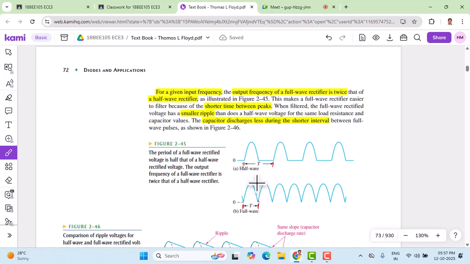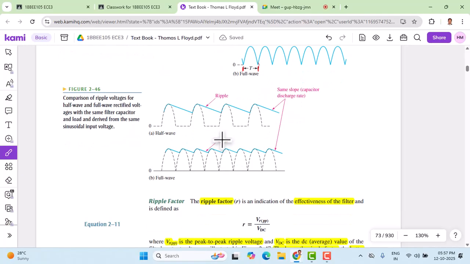So the frequency becomes double when you see that two pulses appear in one period. So the frequency doubles for the full-wave rectifier: f of full wave is two times f of half wave. Okay, so that's the analysis, but the slope of the capacitor discharge rate remains almost the same.